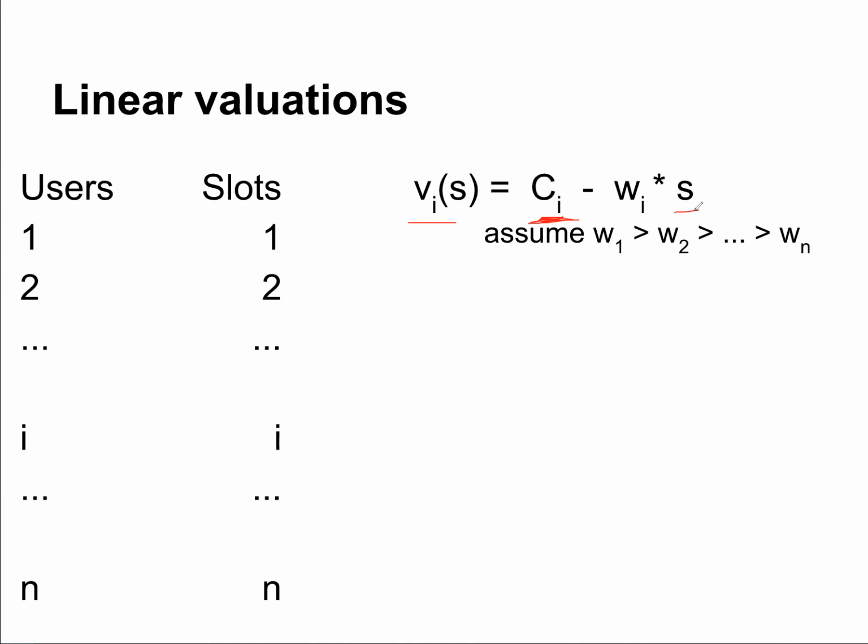But then the later you are landing, the larger the S is, the later the slot that you get, the less happy you are. And the rate at which your happiness goes down is WI. If you are user I, then every slot that you have to pass, your happiness decreases by WI.